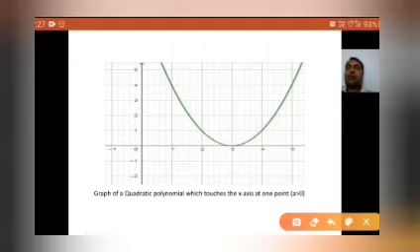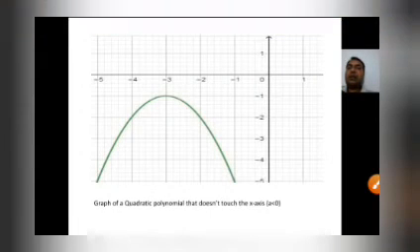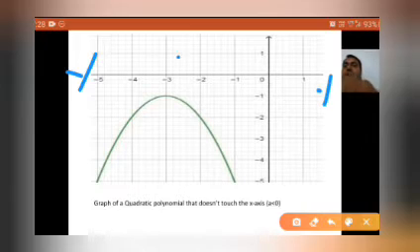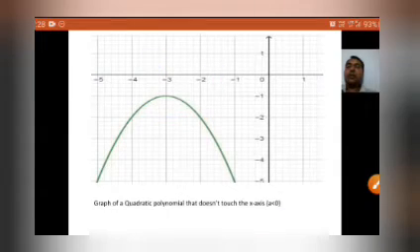In this case the graph intersects at only one point, that is, it touches the x axis, so there is only one zero. And in this case the graph does not intersect the x axis, so the graph has no zeros.